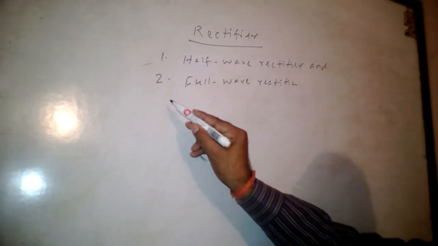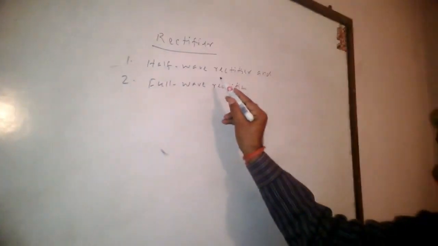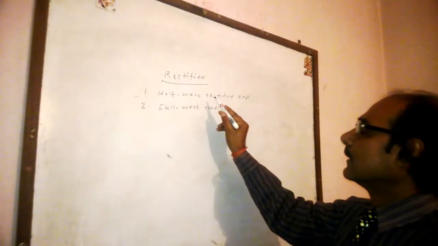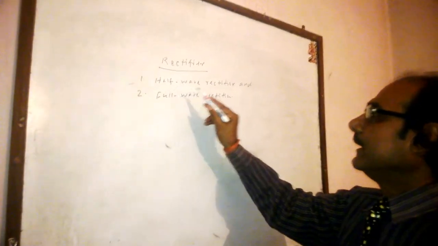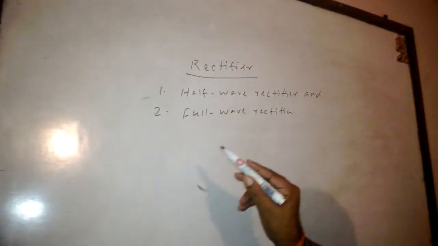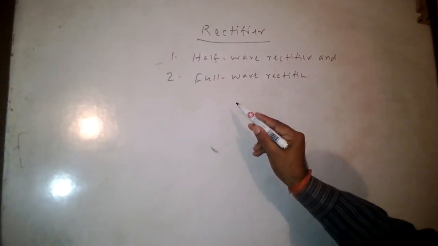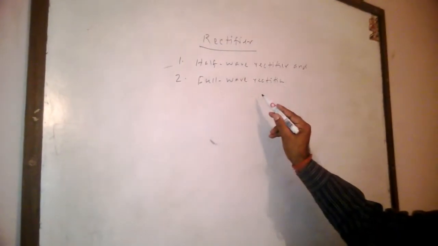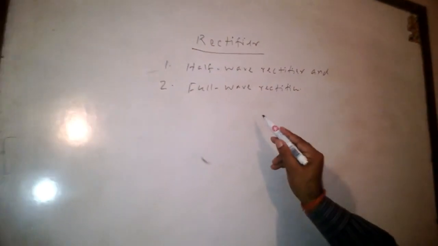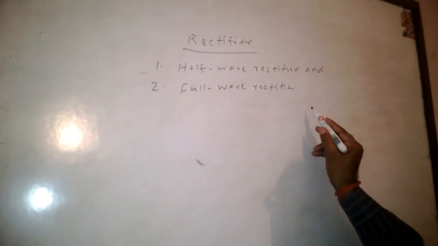A rectifier is an electronic device which converts AC into DC. A rectifier which rectifies only half cycle of AC into DC is known as half wave rectifier.